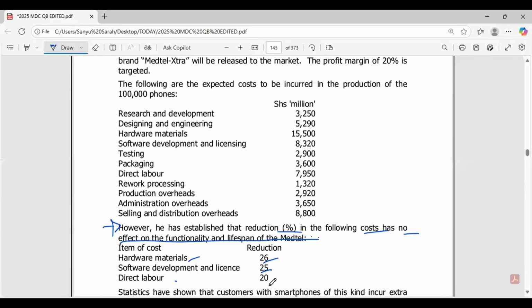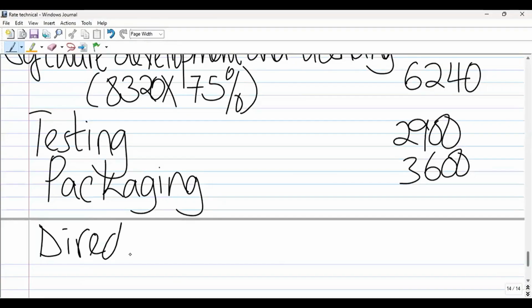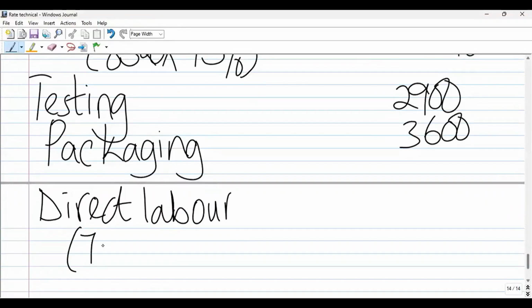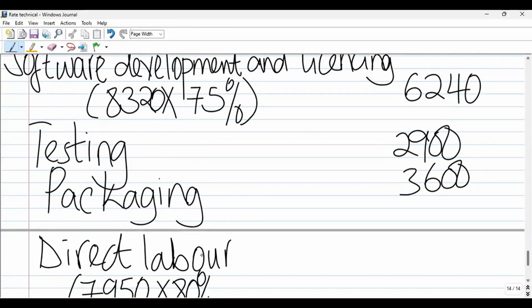Next is direct labor. Direct labor is reducing by 20%. So direct labor 7,950 times what? 80%, or 0.8.